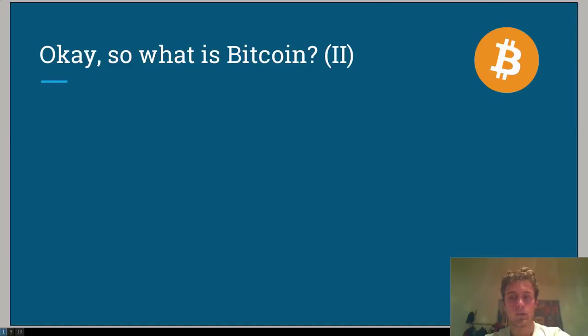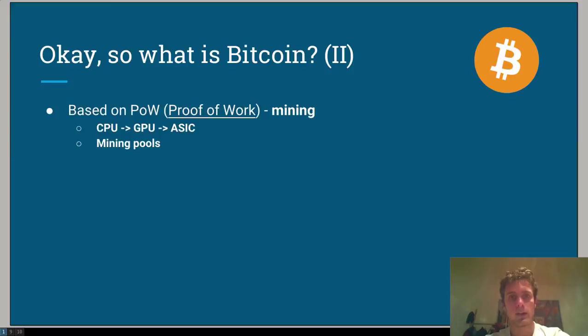That will get a bit more technical, but I will do it pretty fast. So Bitcoin, as I said, is based on proof of work. So you might see those words: POW, CPU, GPU, ASIC. It's important that you just have heard of them.